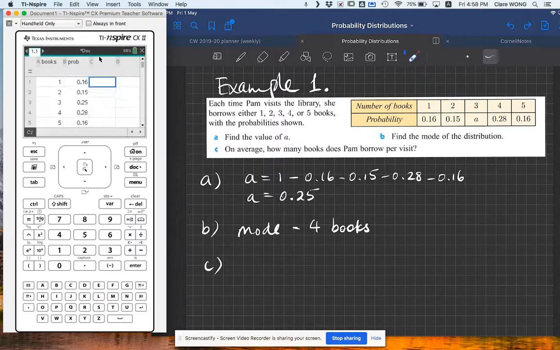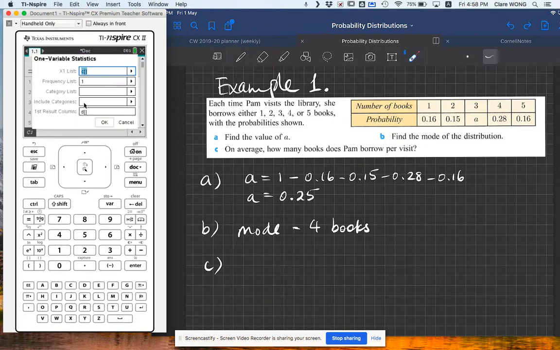So one variable, you have one list. The first set of information is contained in your first column, books. Then the second column stores all the probabilities, which are like the frequencies.